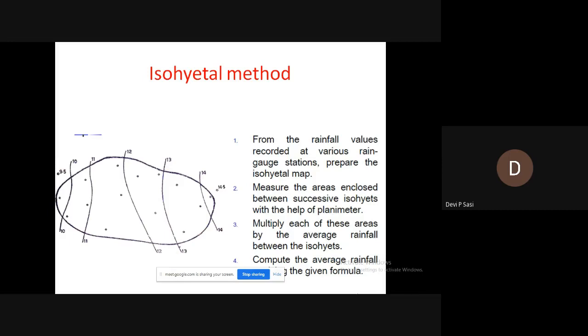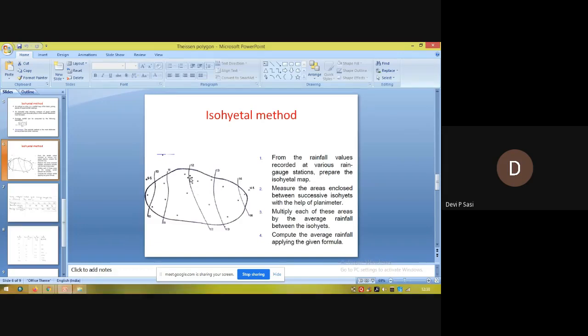The second step is to measure the areas enclosed between successive isohyets. For example, let us consider isohyets 12 and 13. Then we have to obtain the area between these isohyets, that is, the area enclosed between isohyets 12 and 13.